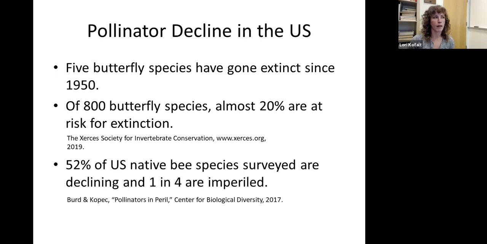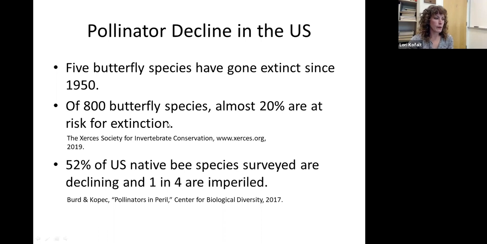So if, say, a monarch needs to be on a milkweed when it's blooming in June, and the monarch is in our area in June, but it's been a really hot spring and the milkweed has already bloomed and gone, starting to go to seed, there's not nearly as much nectar, so that affects the health of the monarch butterfly. Overuse and misuse of pesticides, and then just a lack of awareness.